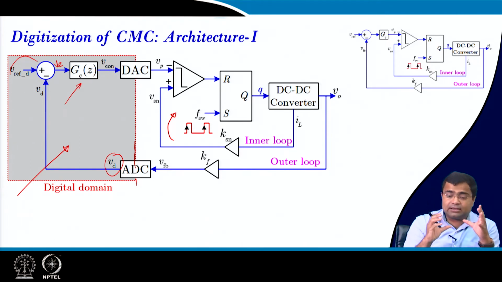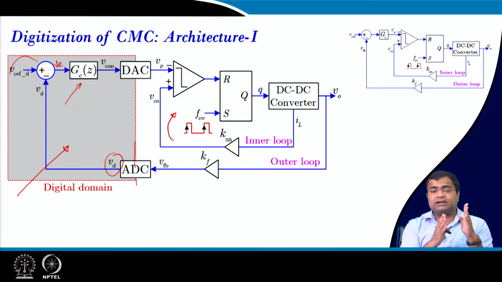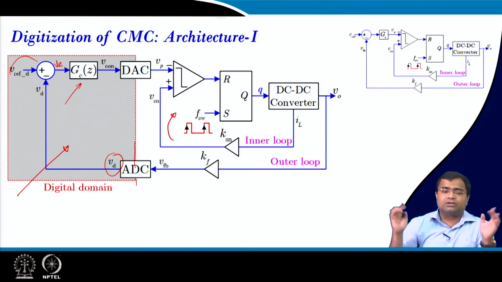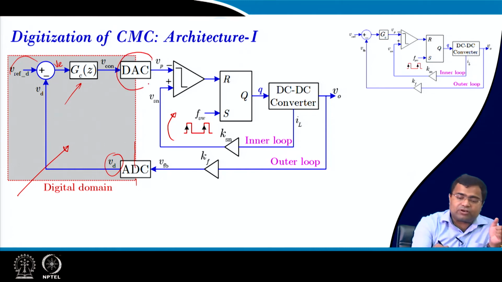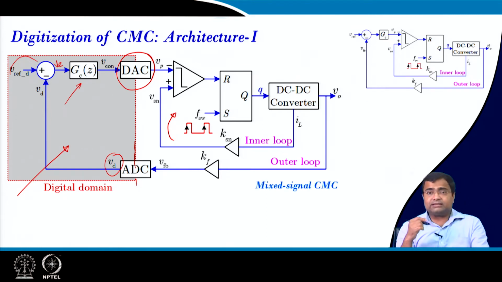But here it is a mixed domain, that means you have voltage in digital after the ADC, the compensator is also digital, but the output of the compensator, which is generally used for the current reference, goes to the inductor current, which is analog domain. So, naturally you need to consider a D to A converter. So, when you take this architecture, you have one ADC, it is called mixed signal current mode control.